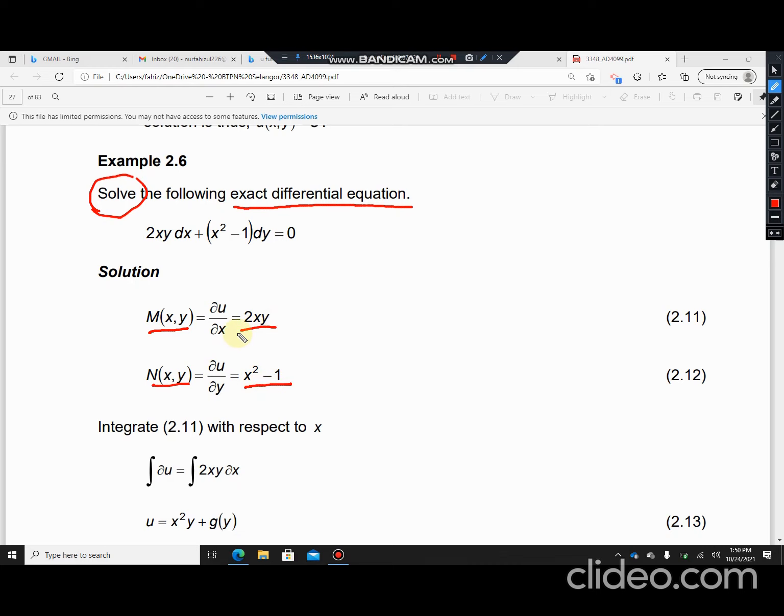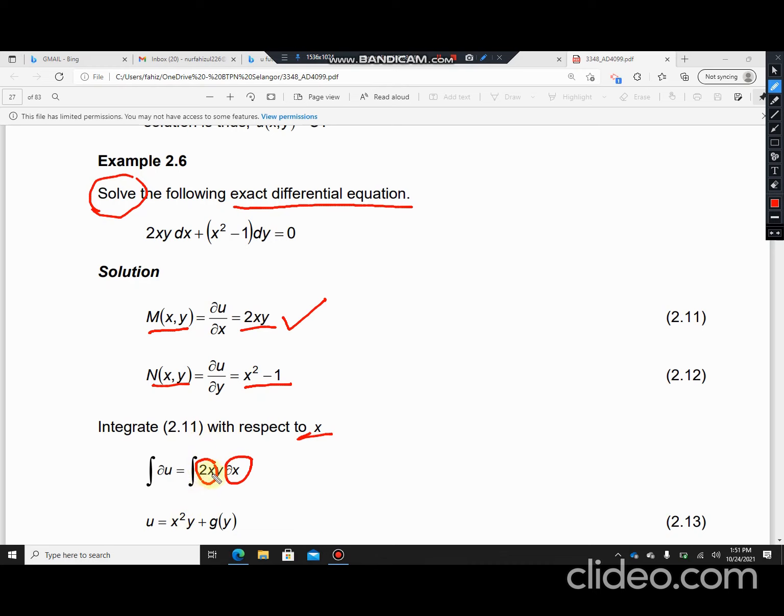Okay, then integrate 2.11. Sekarang ni dia pilih yang ni, M. Integrate 2.11 with respect to x. Respect to x maksudnya awak integrate 2xy terhadap x. Macam mana nak integrate nilai ni terhadap x? Yang ni pun still lagi partial juga kan? Dia melibatkan partial. Integrate dia kata x, maksudnya awak kena fokus pada x. x is 2x.